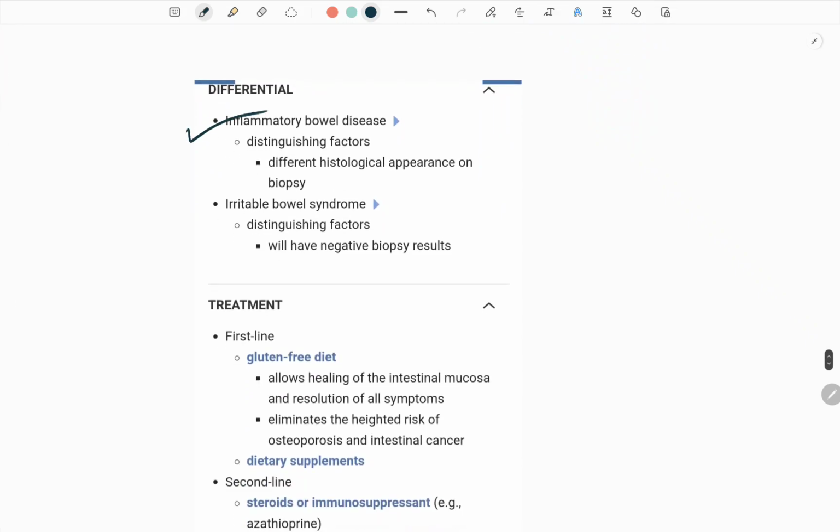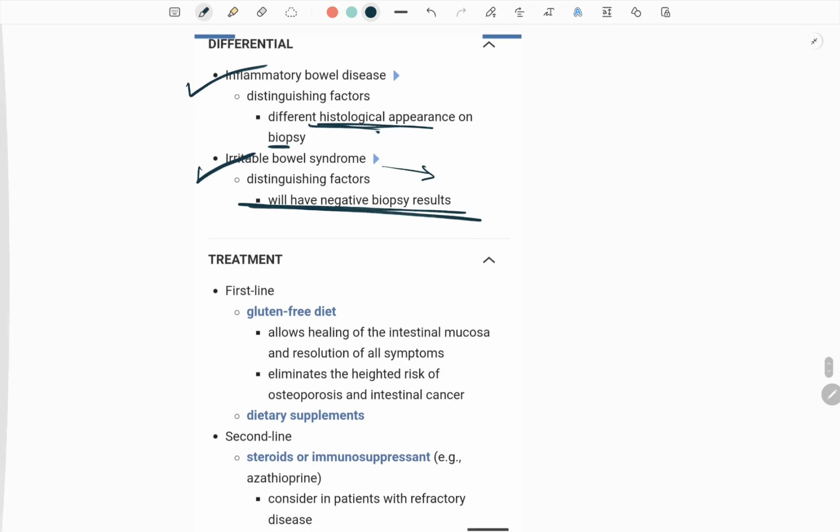Differential could be inflammatory bowel disease, where the distinguishing feature is based on the histologic appearance of the biopsy. For irritable bowel syndrome, the distinguishing feature will be a negative biopsy result, which will be a normal biopsy.